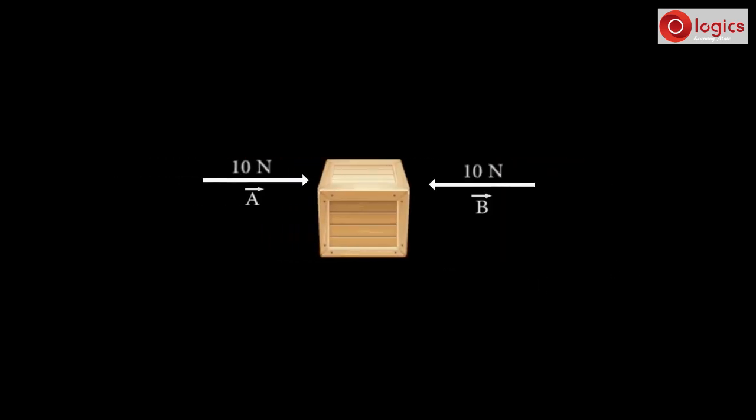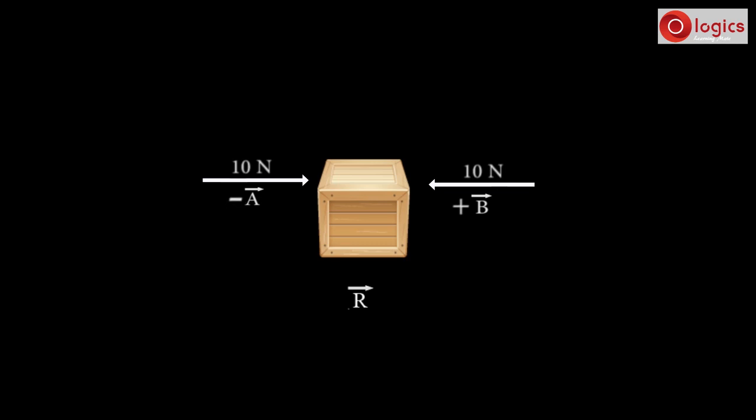If B bar is exactly opposite in direction to A bar, then what is the resultant? Let's say vector B bar is positive with reference to vector B bar's direction. The vector A bar direction is negative.